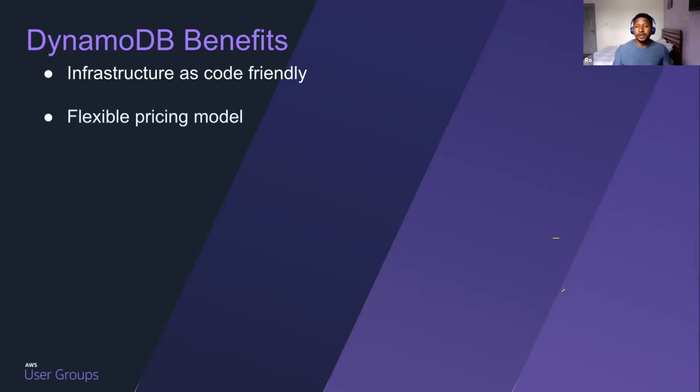And also, most of the compute services such as identity and access management and Lambda are, beneath the hood, built on DynamoDB. Also, DynamoDB has a flexible pricing model. There's something in DynamoDB called provisioned capacity write and read units, which you can either set or let Amazon set based on how your application is performing.